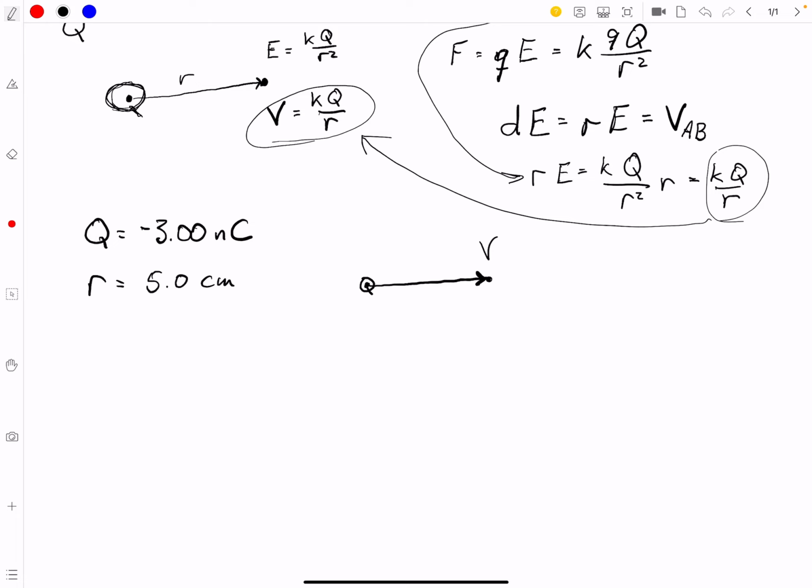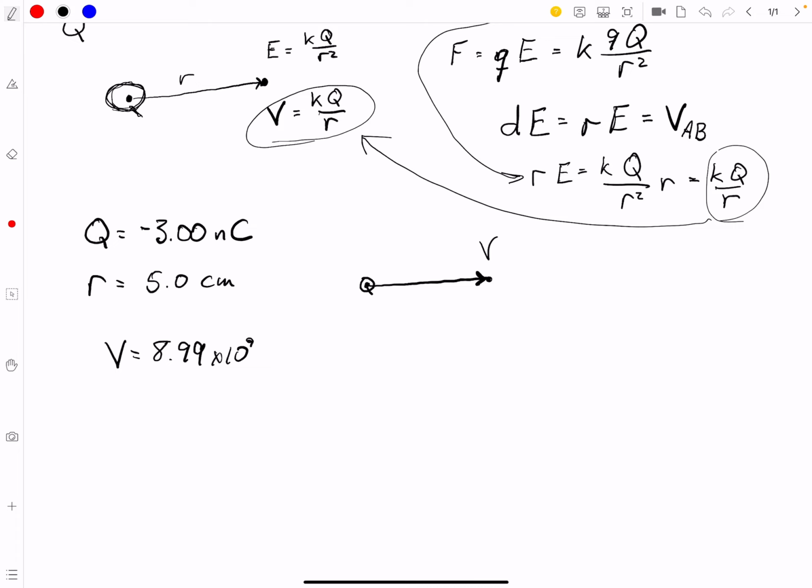So it's cake. V equals K. I don't know if you guys remember, K is 8.99 times 10 to the 9. I can't remember the units. Doesn't matter. We're going to end up with volts.